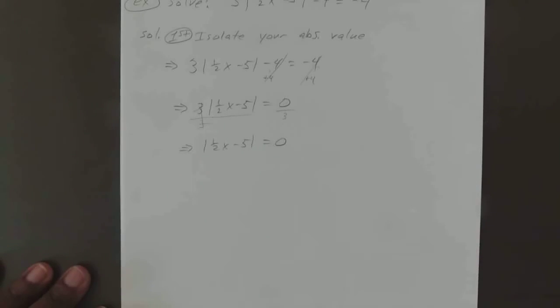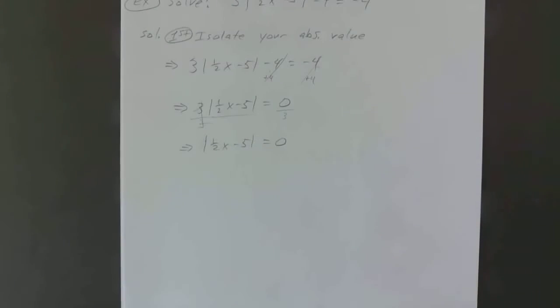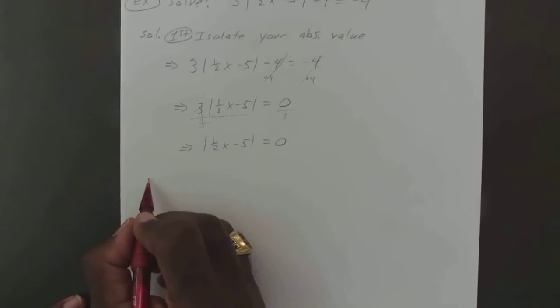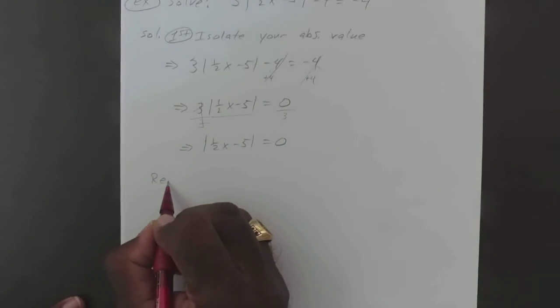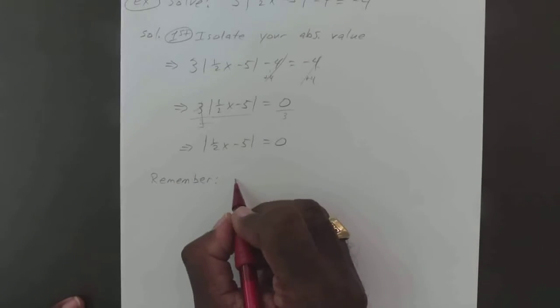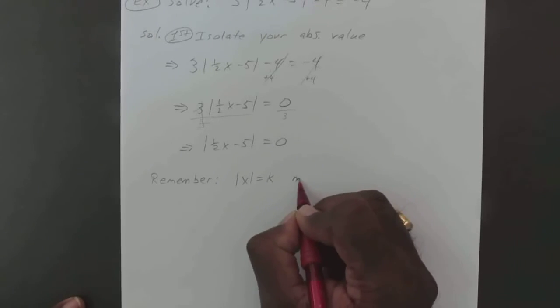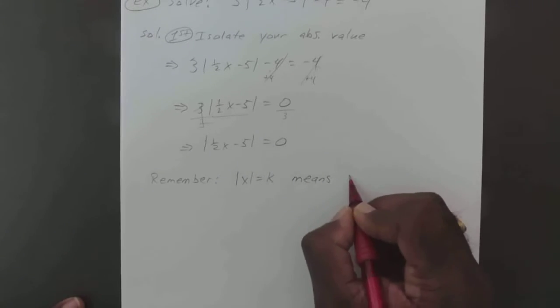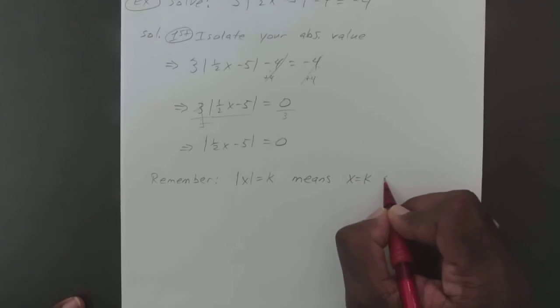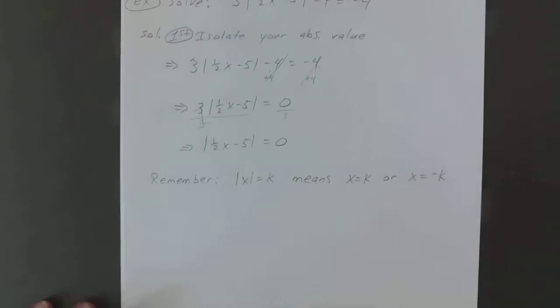So when it equals 0, it's actually a little bit easier. It's the same idea, but you have to do a little less work. Once again, you want to remember the absolute value of x equals k means x can equal k, or x can equal -k. So we do the same thing here.